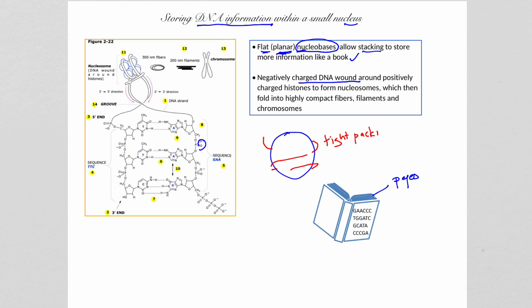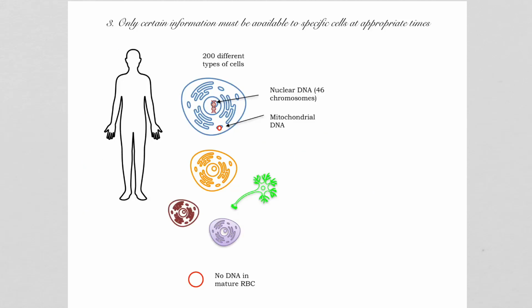By winding around histone, we can pack more DNA. And then the histones and the DNA, they form what we call nucleosomes. The nucleosomes themselves undergo further folding to form fibers, and then filaments undergo further folding to form these chromosomes, which are very, very tightly packed DNA.